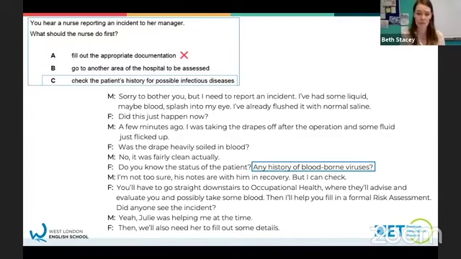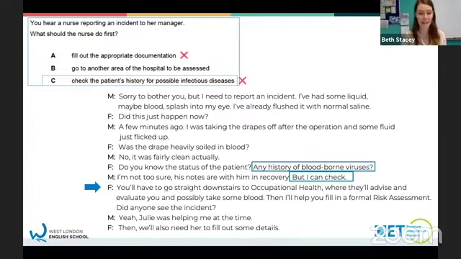Any history of blood-borne viruses? And he replies, I'm not too sure. But the female doesn't say, you need to check immediately. In fact, she almost ignores it. He says, I can check, but she's not replying saying, you know, do it now. So that can't be our answer.